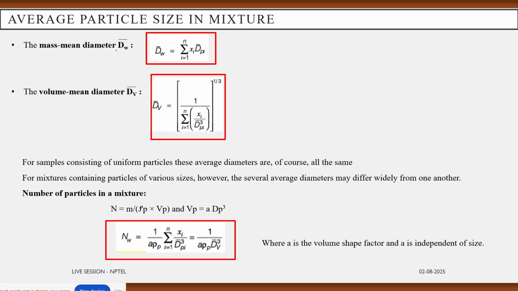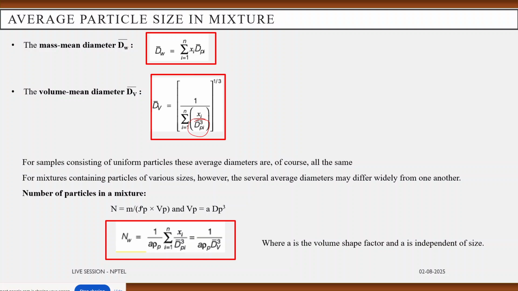Similarly, there is another definition, the mass mean diameter, which is the summation of fraction times average particle diameter for n number of fractions; you just have to add up. And the volume mean diameter, where the volume term is introduced, and this is the expression overall. These derivations are not that important.